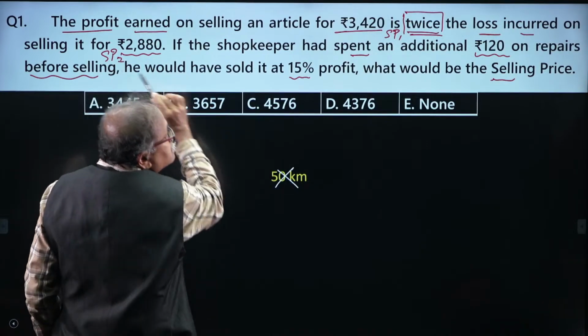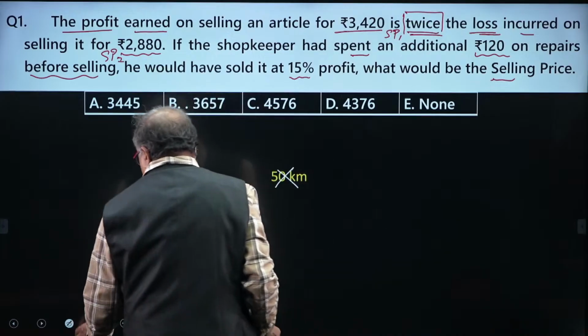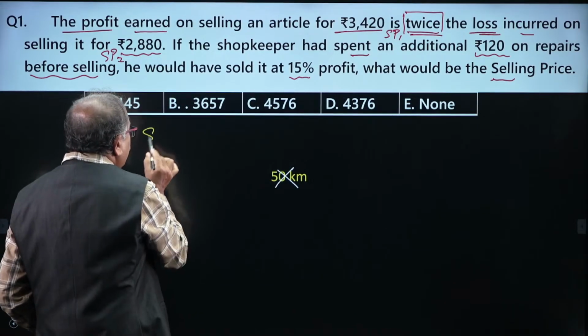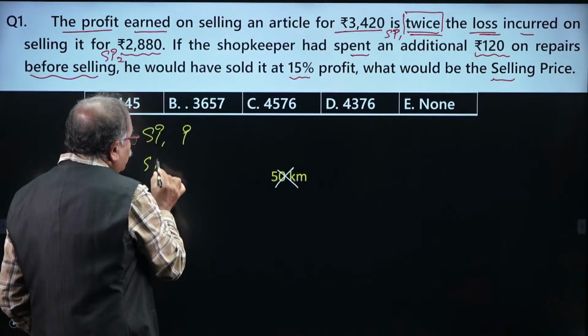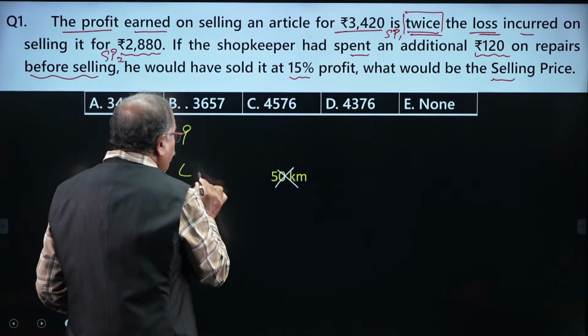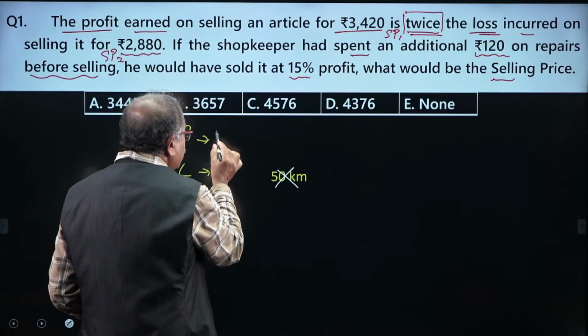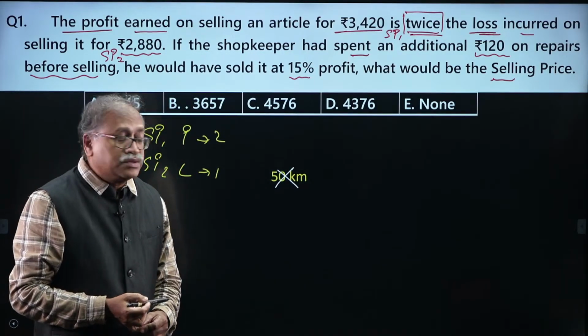That means in the profit and loss ratio, in the first case SP1 there is a profit and in SP2 there is a loss. If the loss is 1, the profit is 2, twice. That is what is given to us.